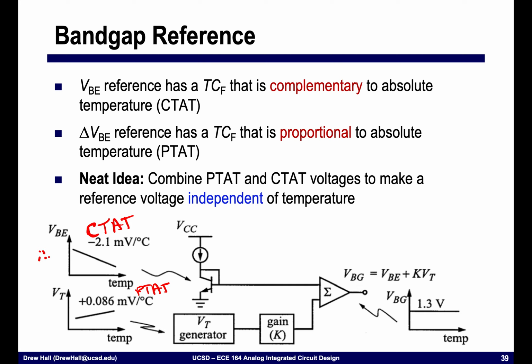And if I add these two slopes with the proper gain factor, I will get a voltage that's known as the band gap voltage. The band gap voltage is dependent on the band gap of silicon. And so it is independent of temperature, and this is the whole idea of what's called a band gap reference: to generate a voltage independent of temperature, independent of VDD, that is roughly equal to 1.3 volts.